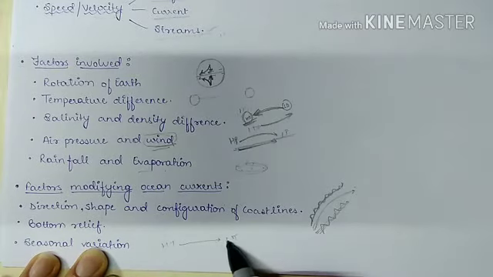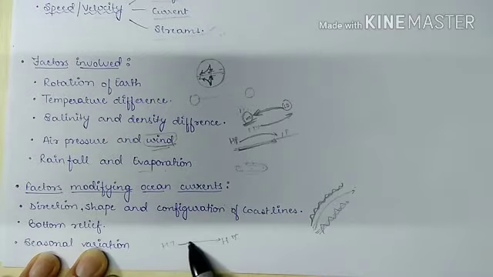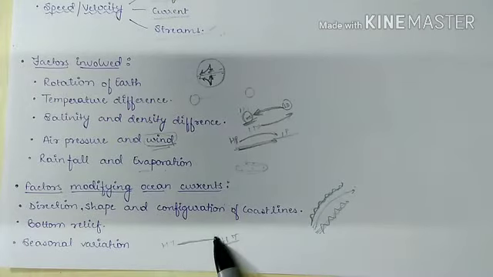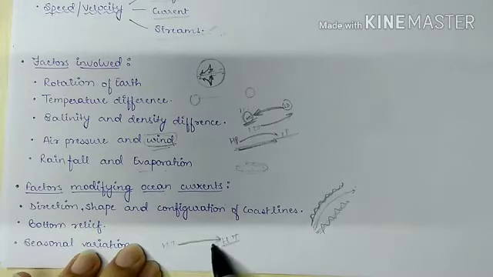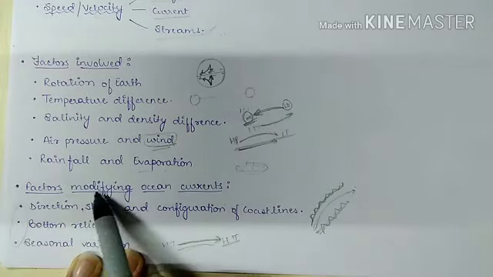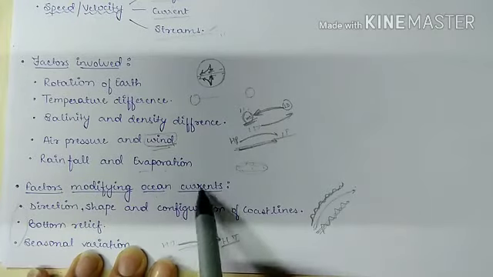Now if during summer this low temperature area also has its temperature increased, then the movement of water will either stop, and if the high temperature during summer is not that high, then the movement of water will continue, but it will be slow. So these three factors are responsible for modification of ocean current.